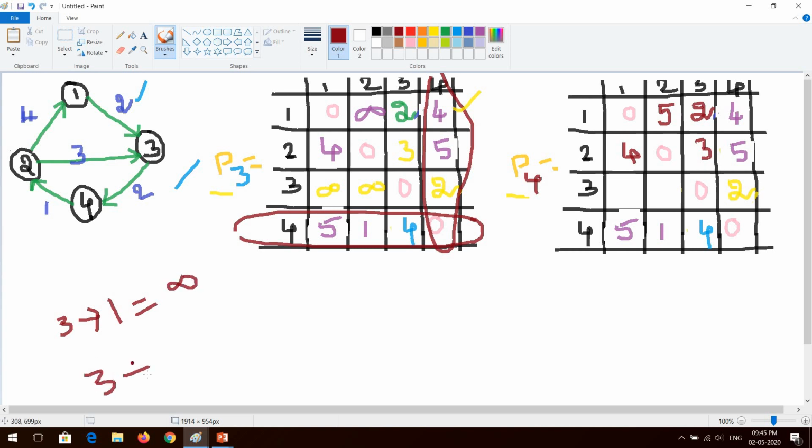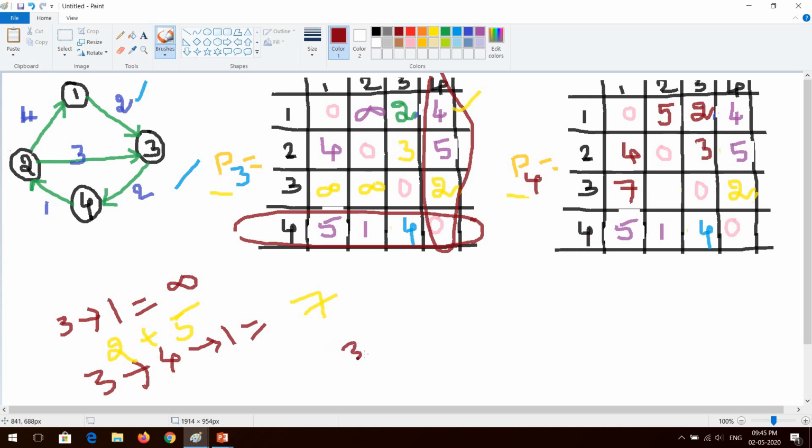So with 3 to 4 as an intermediate, and 4 to 1, we have to find out what is happening. 3 to 4 is cost 2. 4 to 1 has no direct cost, so 4 to 2, 2 to 4 is 5. So 2 plus 5 is 7. Which is minimum out of infinite and 7? 7 is minimum, right? So we have successfully eliminated the infinite value with 7.